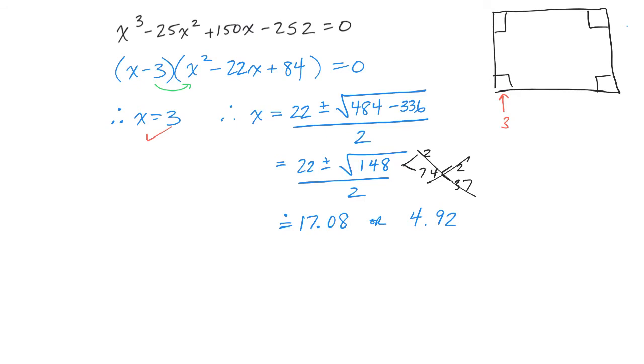Are we good with this dimension being 17.08? And I'm hoping that once we see that, we say, okay, that can't happen. 17.08 is way too big. Keep in mind that that whole length all the way across the bottom was 30.